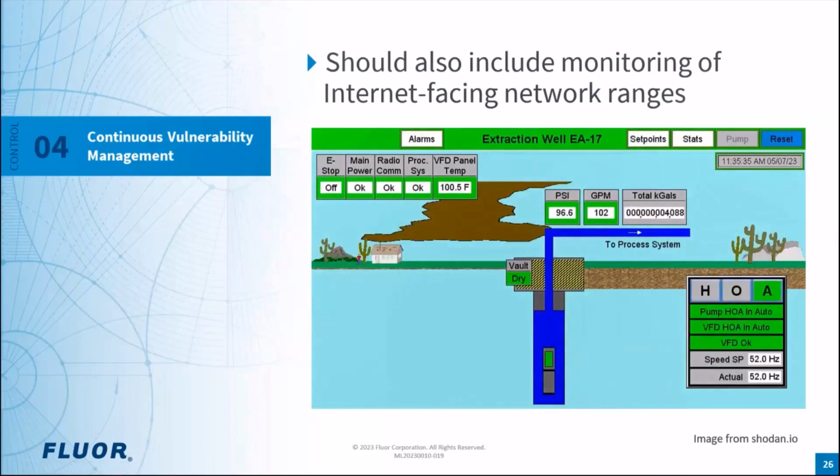And then lastly, real quickly, here's a great example of a simple control system that has a web-driven interface exposed to the internet. It's for a well. I found it interesting because I found it in probably less than a minute on Shodan, and I couldn't figure out what they were trying to do with the clouds. If that was supposed to be clouds, they were brown, and it came across as a toxic cloud.